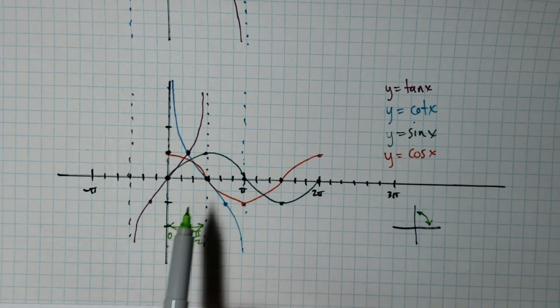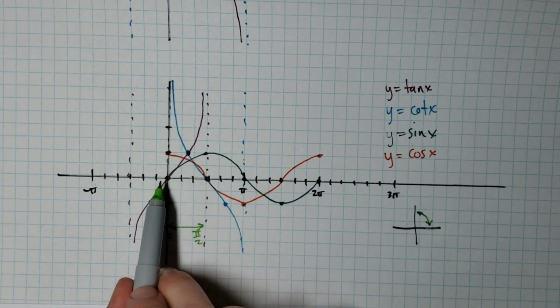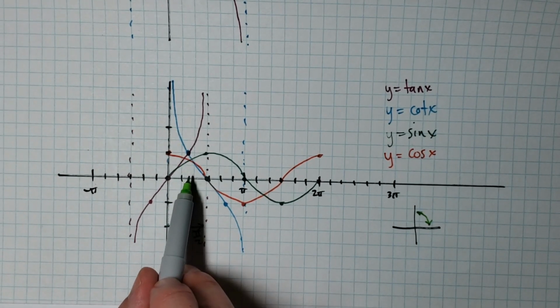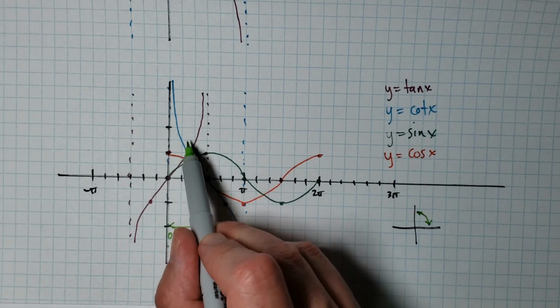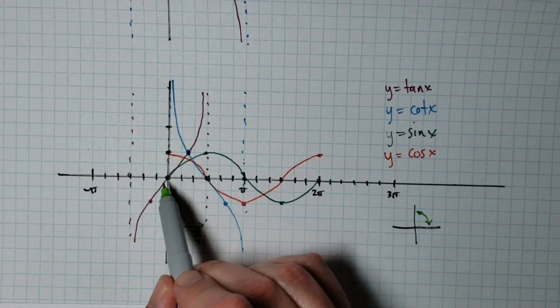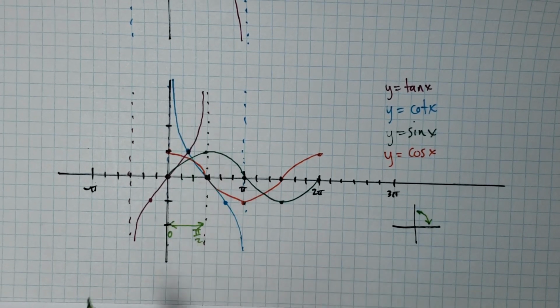And you can see that for these four functions in the first quadrant, all of the graphs are positive. They're all above the x-axis, right? Tangent is the purplish color, cotangent's the blue, there's cosine and sine. Everything's up there. It's all positive because in the first quadrant, they're all positive.